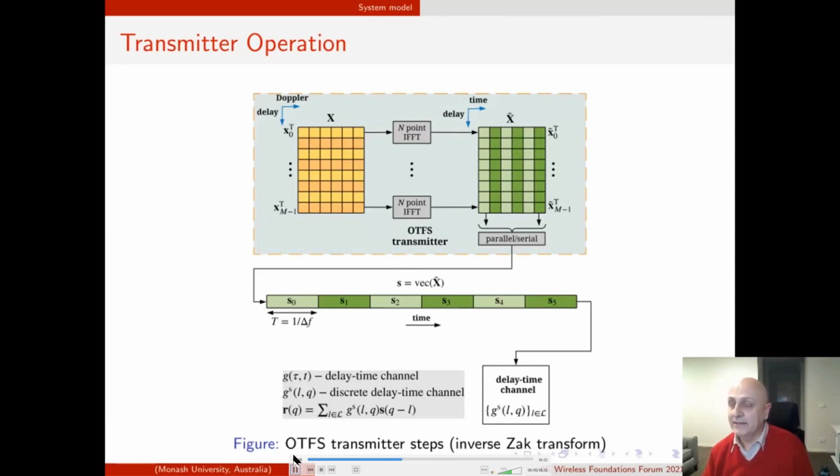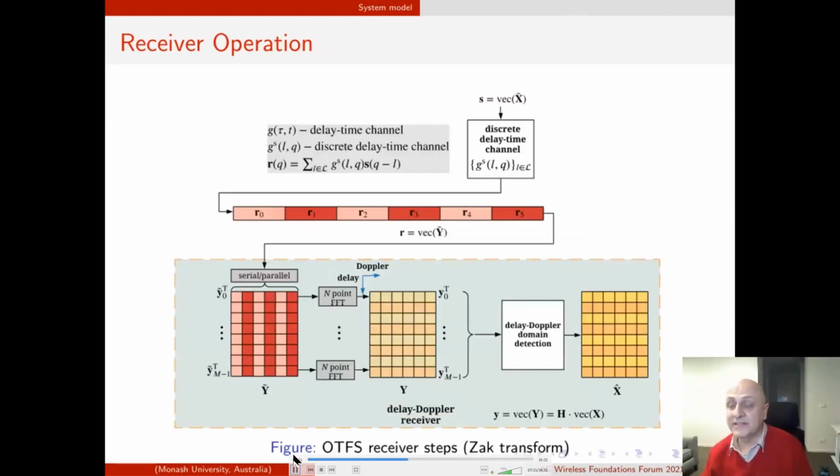The delay-time plane is then vectorized column-wise, and then transmitted sequentially as the time domain signal. This time domain signal goes through the time-varying delay-time channel, and at the receiver, the inverse operations are performed, and delay-Doppler domain detection is performed, which consists in deconvolution of the two-dimensional circular twisted convolution.